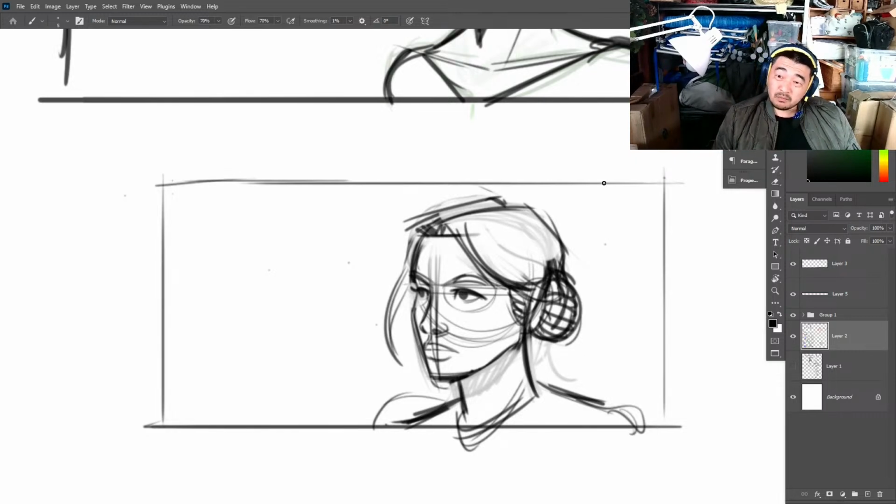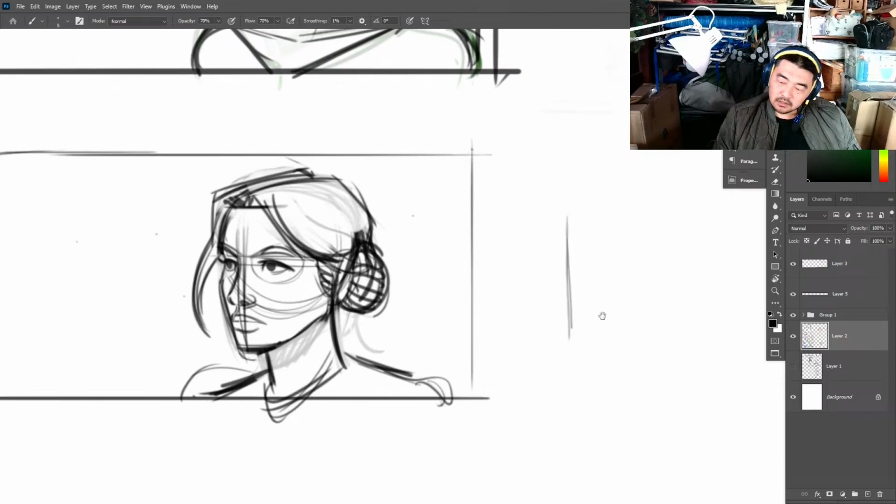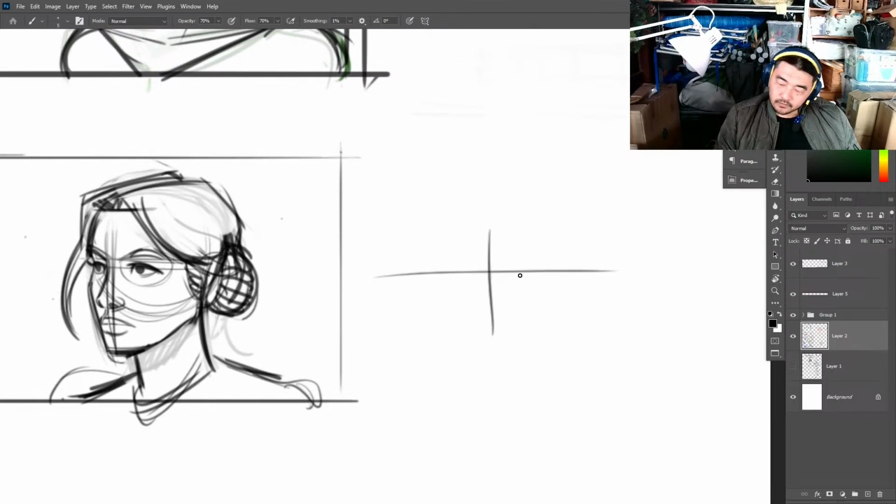Yeah, 3/4 eyes are pretty difficult. One thing that I do about 3/4 eyes is this. You have your eyeballs right here. This is your frontal.